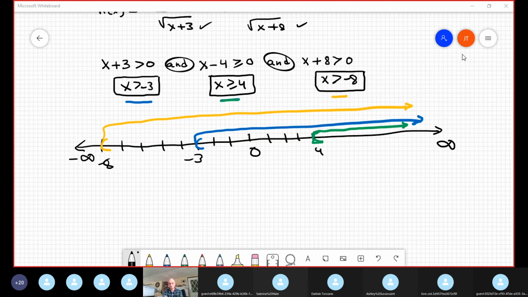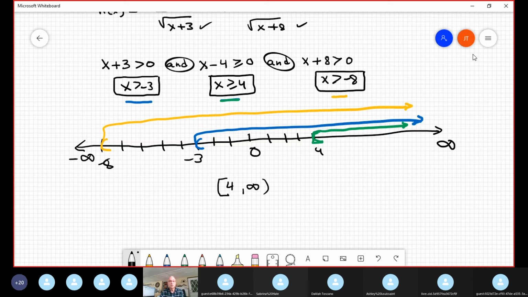Well, I can see that the green part is totally inside the blue and totally inside the yellow. The big one is the yellow, no? The blue is totally inside the yellow, and the green is totally inside both. Therefore, the intersection is the green part, and in interval notation it is bracket 4, infinity.